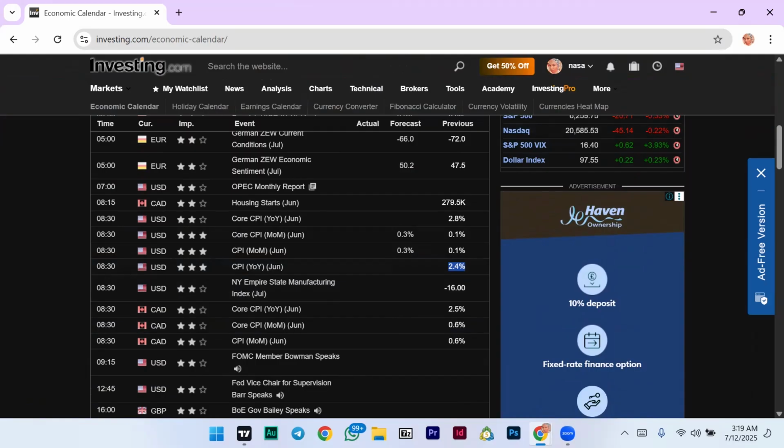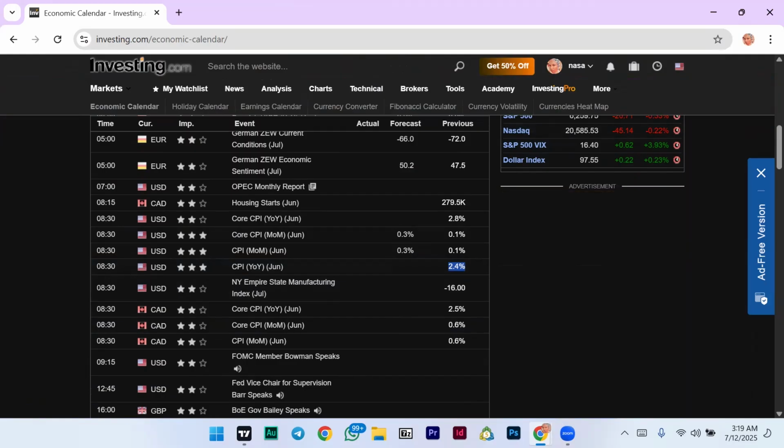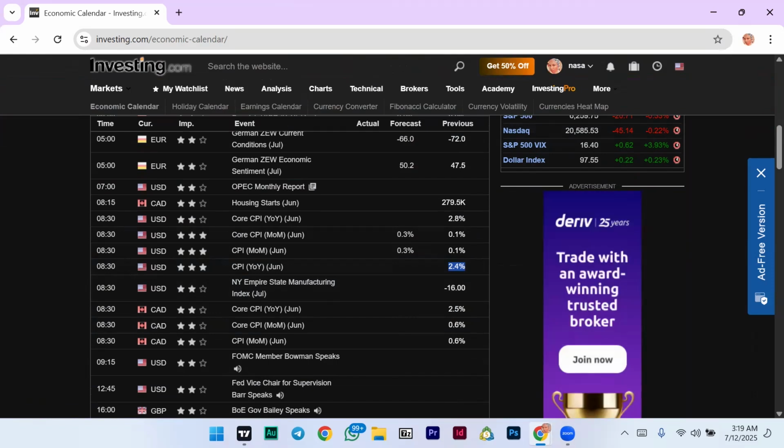But if you go to other external websites, you can see the expected CPI forecast is 2.8. We might get an increase of 0.4 points, from 2.4 to 2.8. Remember, this is year over year.